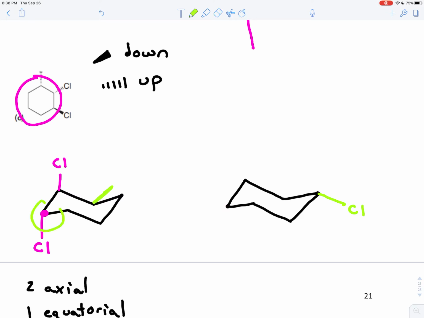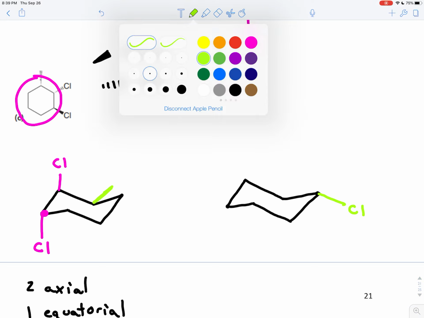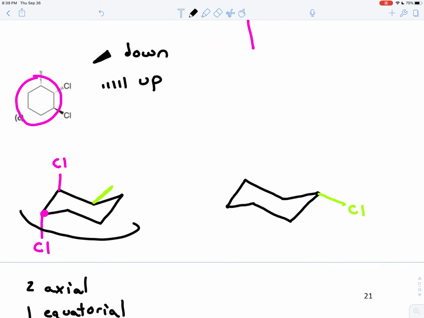Now you might say, wait a second, I thought we were putting the chlorine on this carbon. How come we can just suddenly put it on this one? And you can do that because this is a three-dimensional molecule. Imagine taking this and swirling it around, like spinning it, like you might twirl a hat.